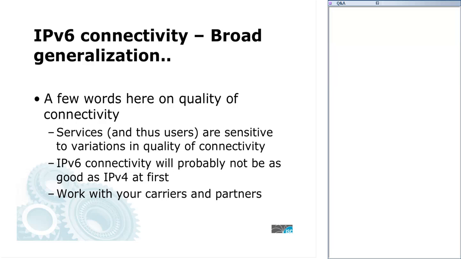Make sure that you have good contact with your carriers and your providing partners. In this case, I'm talking about your upstream network provider, because if IPv6 connectivity goes away, you make a call to your frontline tech support on your carrier side. Is that frontline person going to know IPv6? Are they going to be able to escalate you?